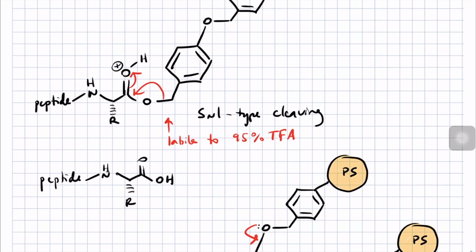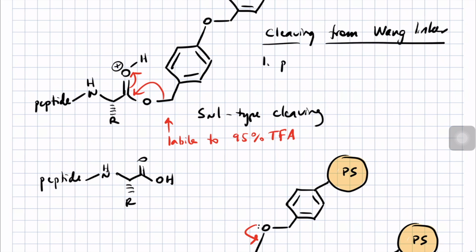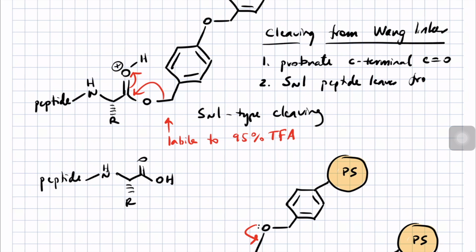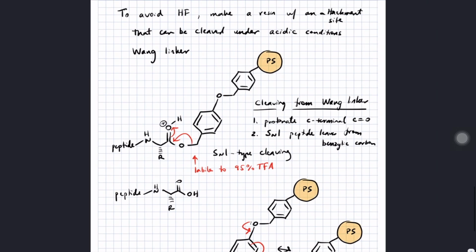So cleaving from the resin that has the Wang linker attached to it involves: protonate the carboxylic acid, protonate the C-terminal carbonyl oxygen, and then SN1, the peptide leaves from the benzylic carbon to give a resonance stabilized carbocation.